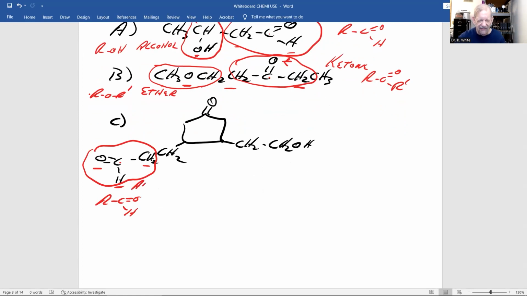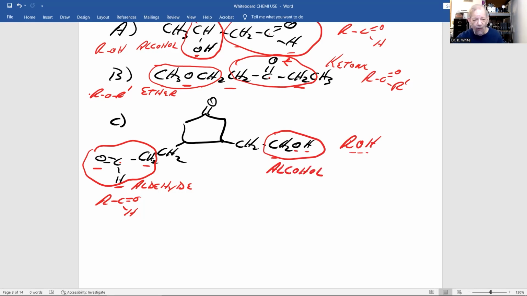An aldehyde. An oxygen here with a hydrogen and a carbon. Again, you don't have to draw that, but I will, so you see what it is, but I'm going to circle it. And what's a carbon with the hydroxyl group? An alcohol.